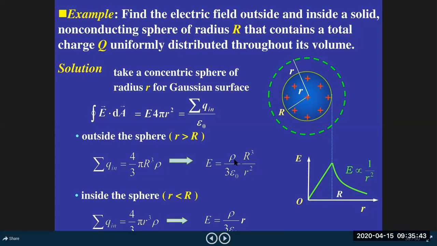So see, rho is constant because charge is distributed uniformly, epsilon naught is constant, 3 is constant. So the electric field is inversely proportional to the square of the distance.